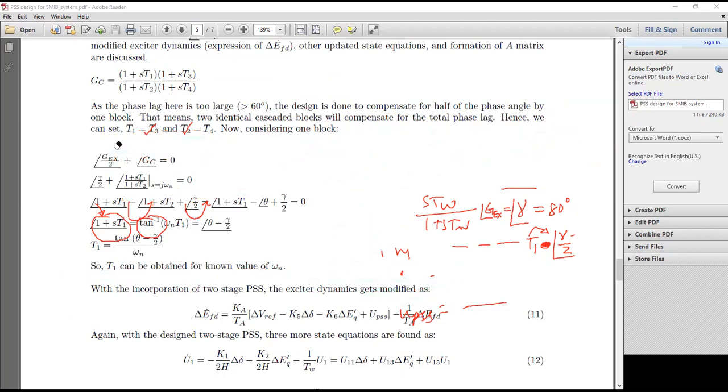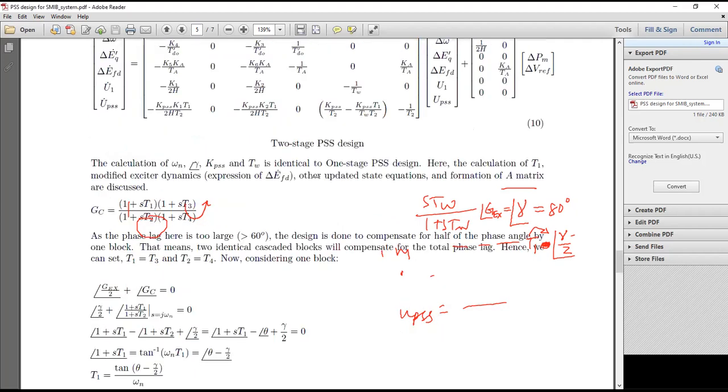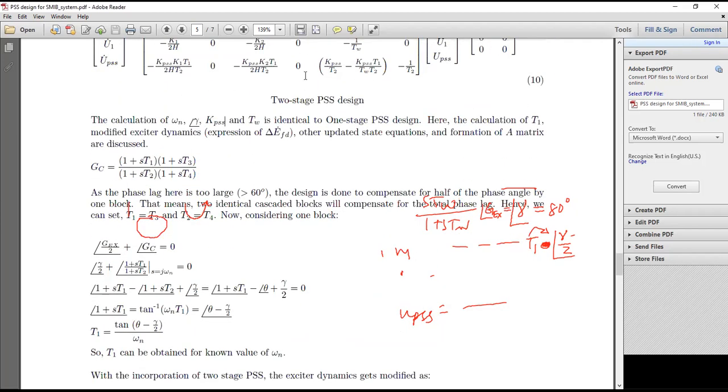Once you get the calculation done, as I said earlier, the design of PSS is the same, so you don't have to bother too much about that. Of course, the expression of GC has to be this one in the derivation of KPSS.